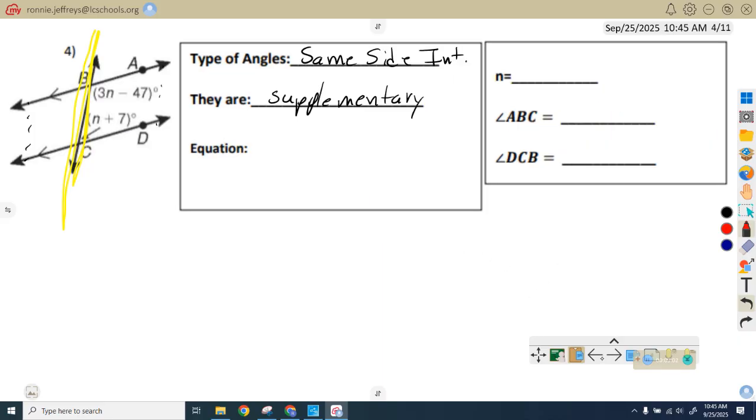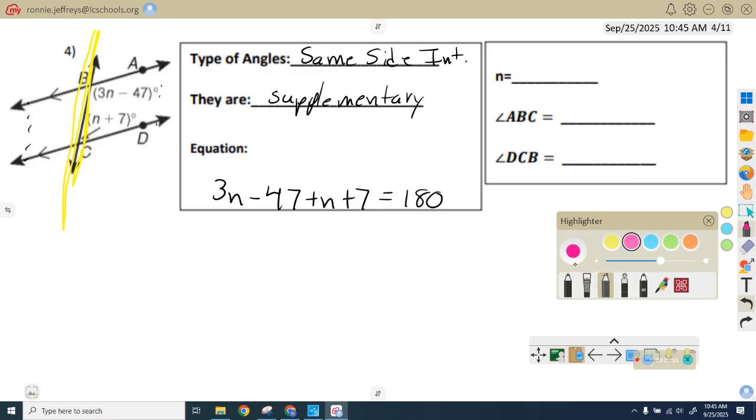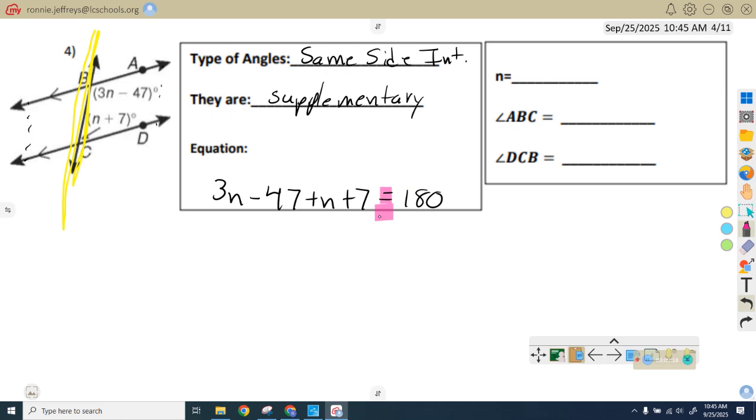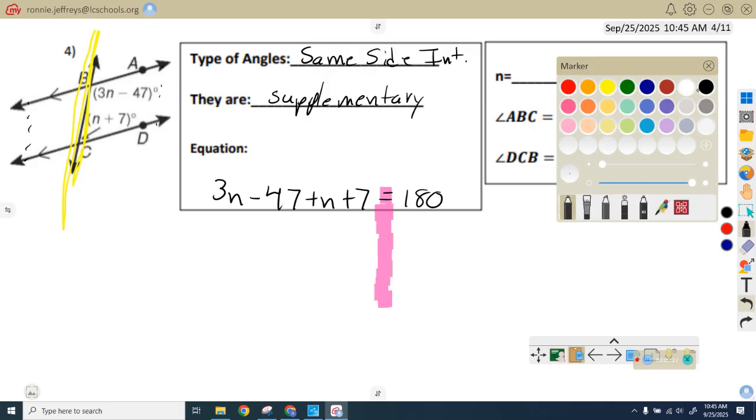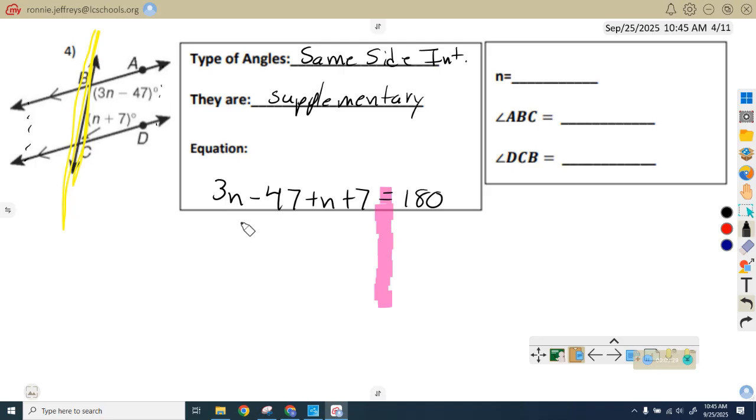All right, back to this one. They're supplementary, so they add up. Gotta make my little wall here. Alright, so they're on the same side of the equal sign. We're going to combine like terms by simplify.